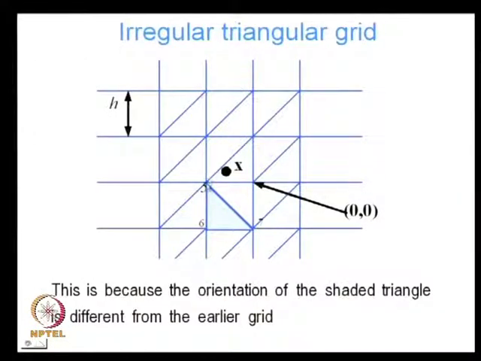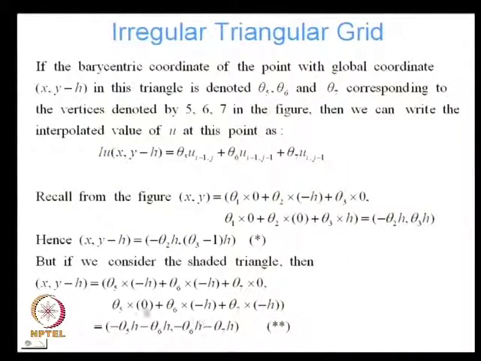It is theta 5 times minus h, theta 6 minus h, theta 7 0, and the y coordinate is equal to theta 5 times 0, theta 6 times minus h, theta 7 times minus h. So, that is what we get, and if I simplify that, that becomes minus theta 5 h minus theta 6 h for x, and minus theta 6 h minus theta 7 h for y.